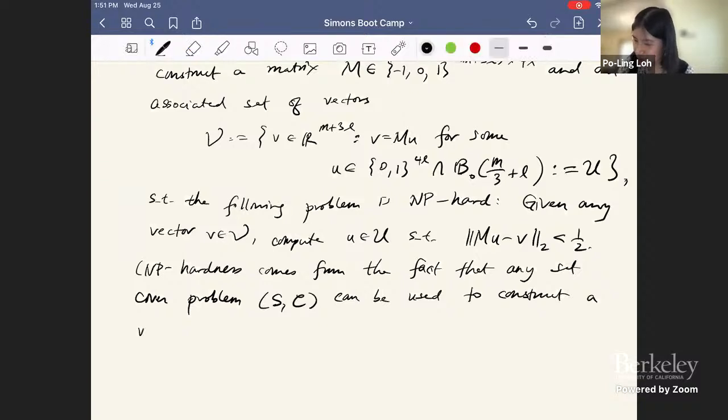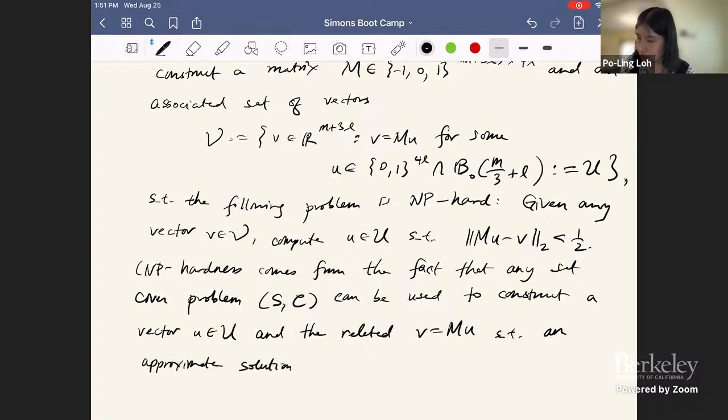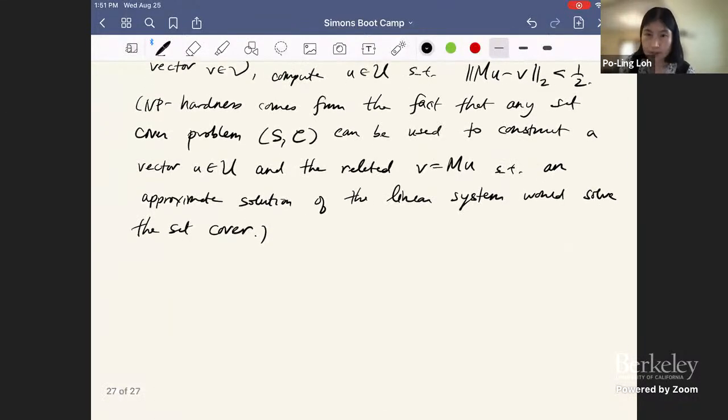We can construct a vector U in script U, and the related vector V equals Mu, such that an approximate solution of the linear system would solve the set cover. So now I have a linear algebraic problem, which is an NP-hard problem.